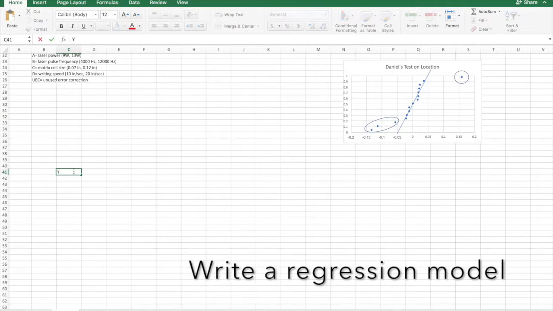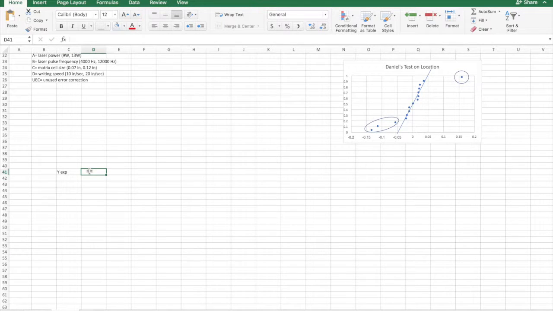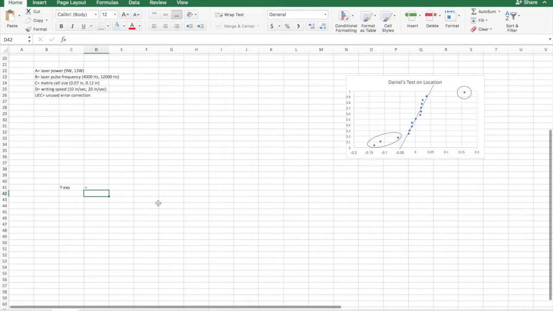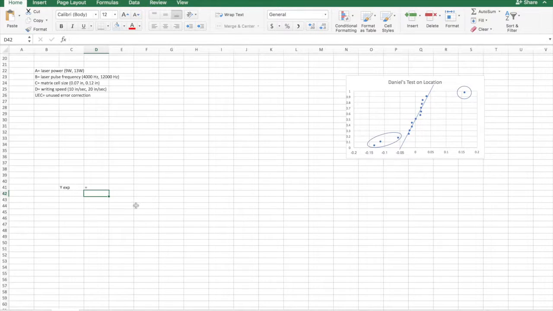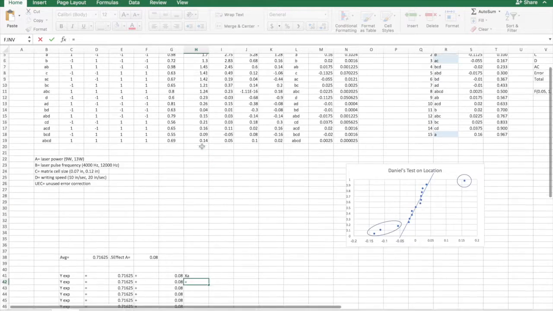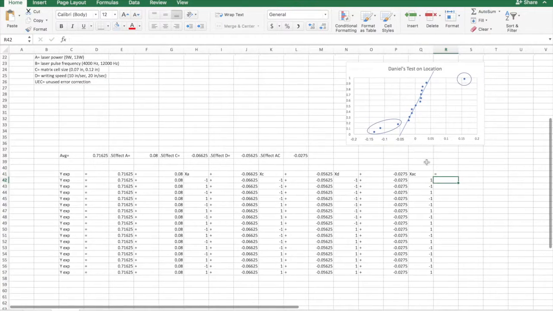Y expected is going to be equal to the average of the data plus 1/2 of every significant effect. So we write the variable XA, and in here what's going to be, it's going to be the signs of the A factors. So this is our regression model.